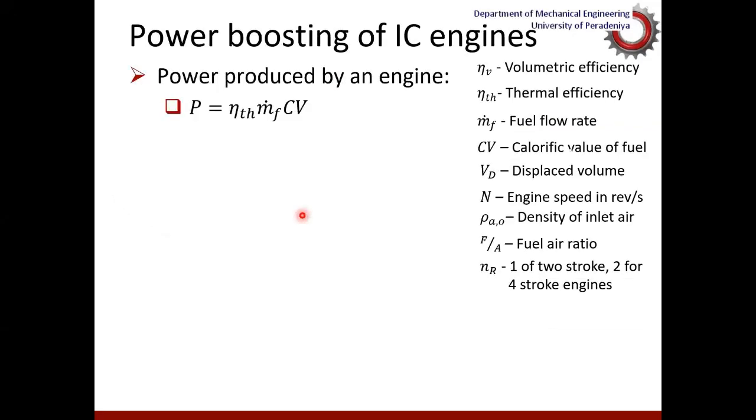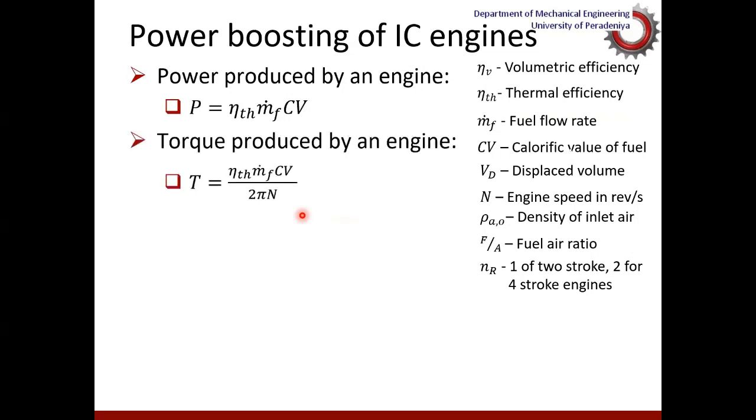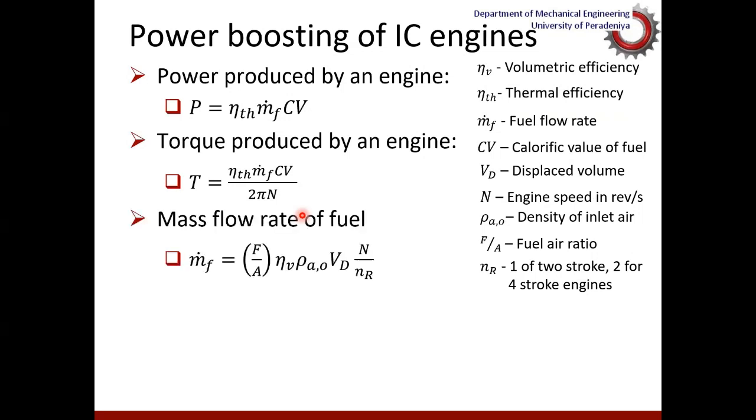Now, we all know that the power produced by an engine equals the mass flow rate of fuel multiplied by the calorific value and the thermal efficiency of the engine. Accordingly, the torque produced by the engine is also directly proportional to the mass flow rate of fuel. And then the mass flow rate of fuel we can work out considering the air-fuel ratio of the engine at a given instant.